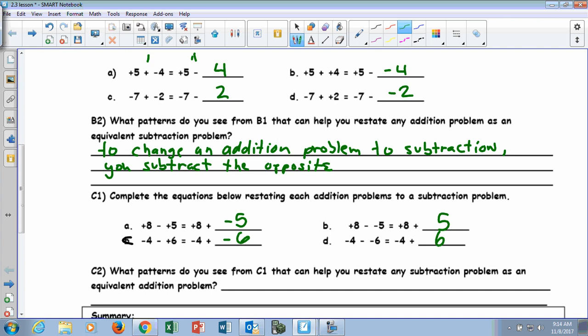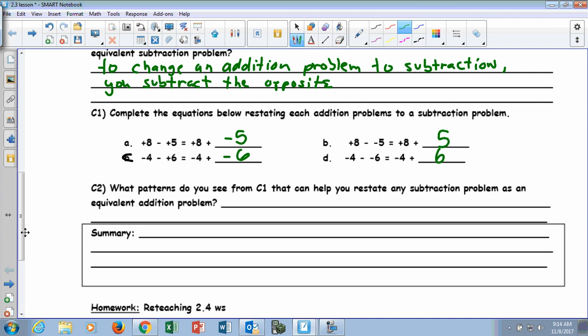That was different from above. If we're changing a subtraction problem to addition, what do we have to do? What did we do? Yeah, we added the opposite.